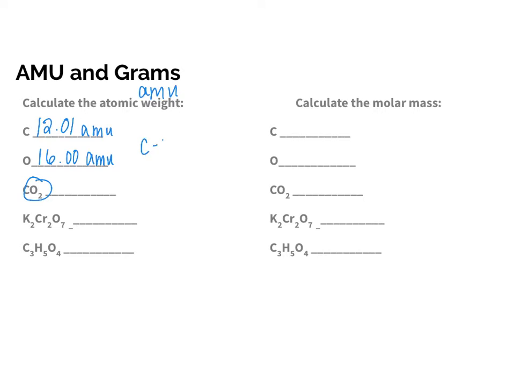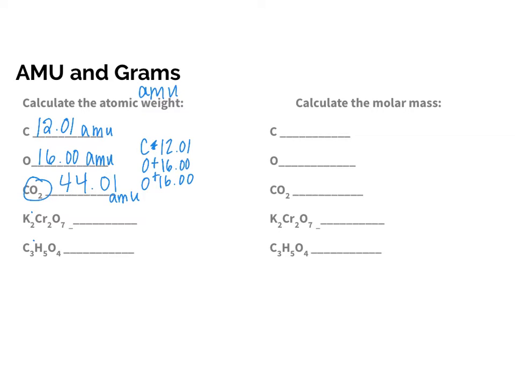So carbon would be 12.01, and each oxygen is going to be 16.00. All right, so you should get 44.01 AMU for carbon dioxide. And you can do the same thing for the next two. I'm not going to do those for you, but I would highly recommend you do those on your sheet.